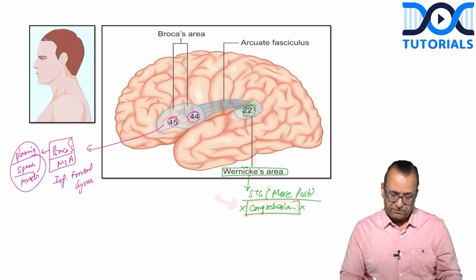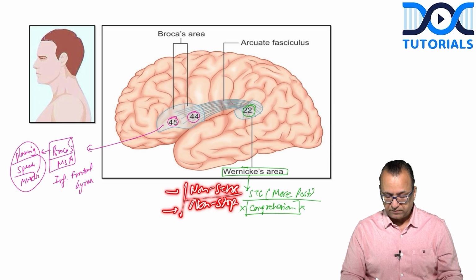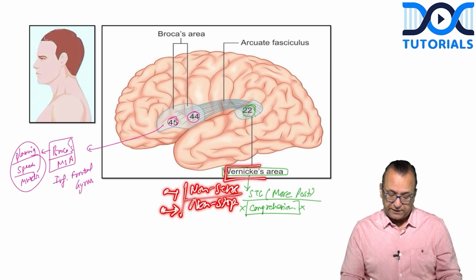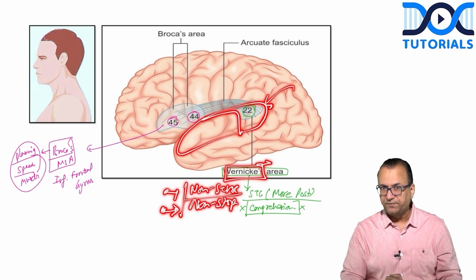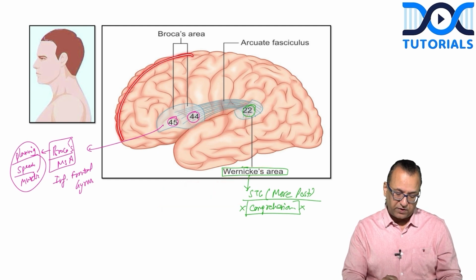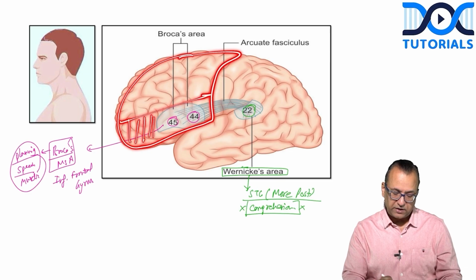And they will have this nonsense and non-stop speech, meaning they continuously speak, but we cannot understand what they are talking about. So that will be called Wernicke's sensory aphasia. Superior temporal gyrus, more posteriorly, area number 22 will be compromised. Broca's is frontal gyrus, in that also inferior frontal gyrus, area number 44 45.